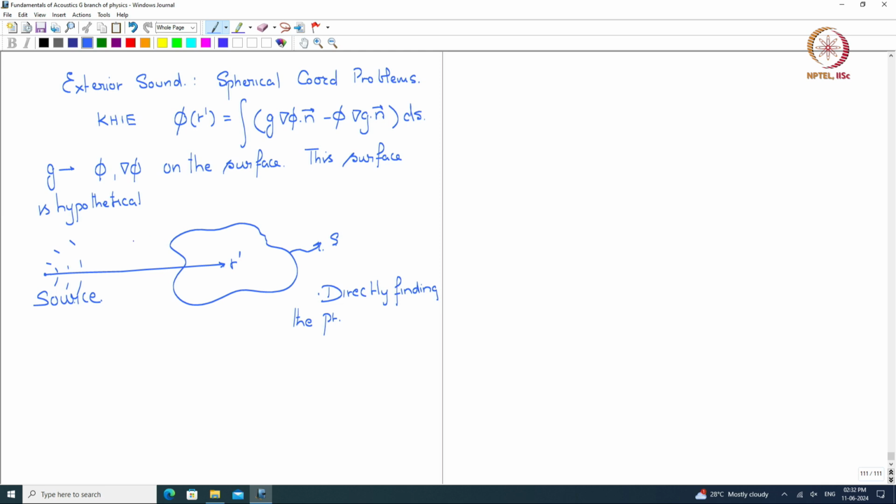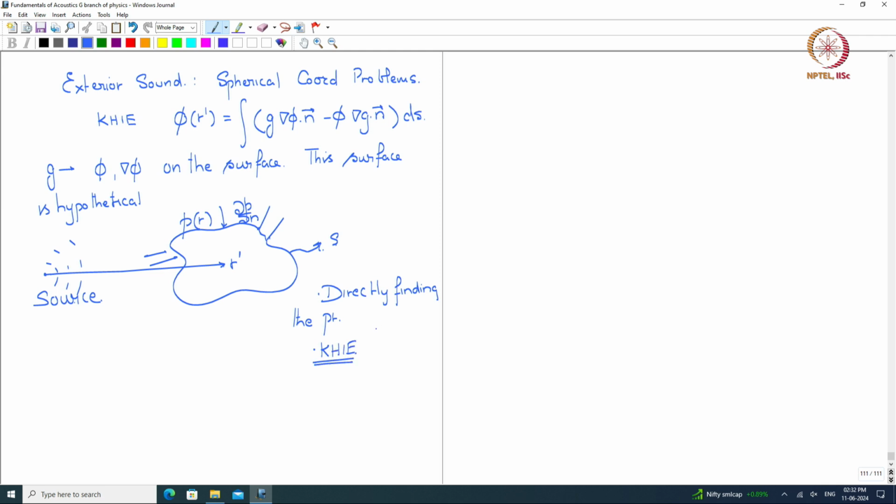The other is I find the pressure on a surface and also del P by del N, the normal gradient, which is velocity, on this surface everywhere. Then I use that information in the KH integral equation.